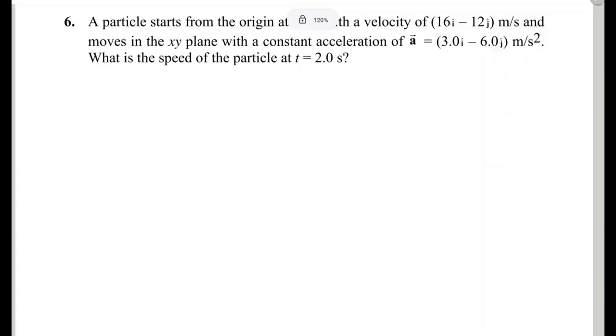A particle starts from the origin at t equals 0 with velocity 16i minus 12j and moves in the xy plane with a constant acceleration a equal to 3i hat minus 6j hat. What is the speed of the particle at t equal to 2 seconds?